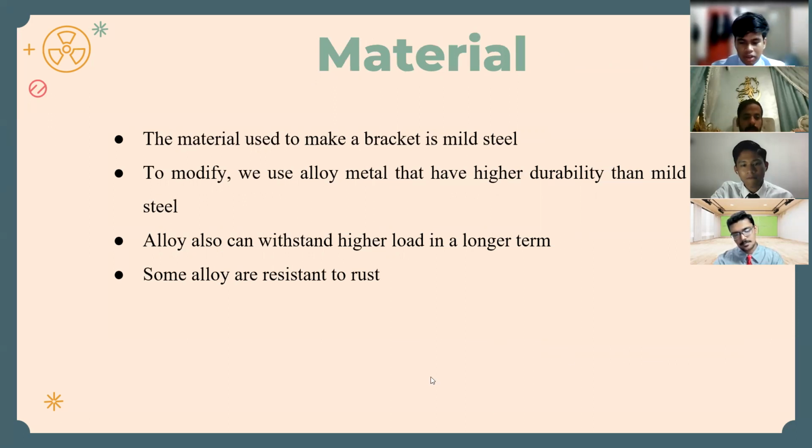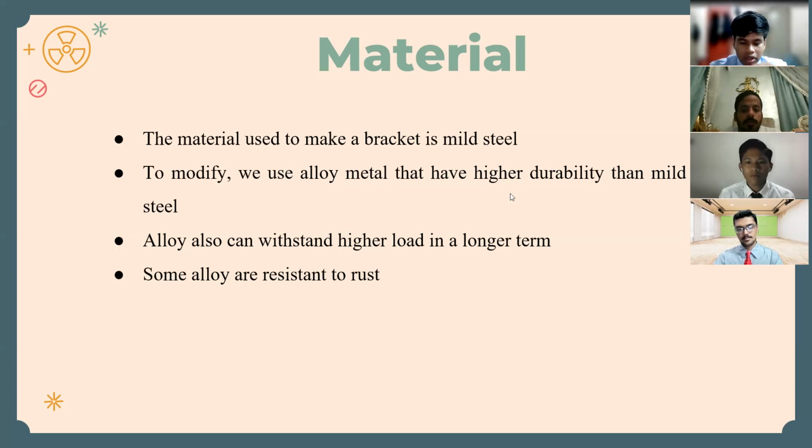We want to change the material that is used to make the J bracket. So first of all, nowadays J brackets are mostly made from mild steel. We want to change the material from mild steel to alloy metal, because first of all, alloy metal has higher durability than mild steel. And second, alloy metal can also withstand higher load in the longer term.